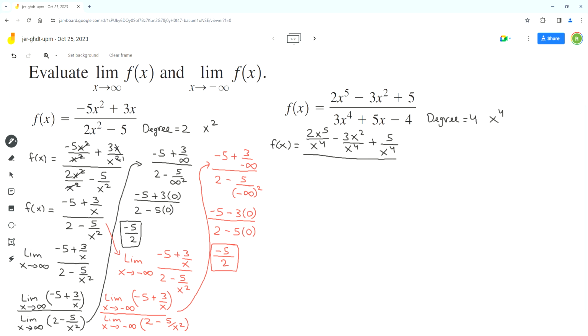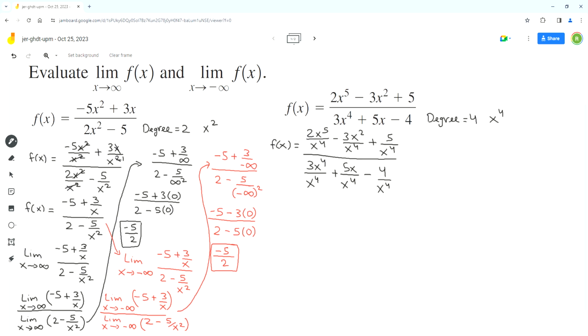Now in the denominator, we'll do 3x^4 over x^4, and then plus 5x over x^4, then minus 4 over x^4.